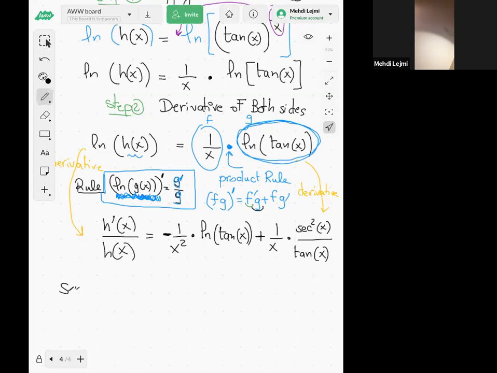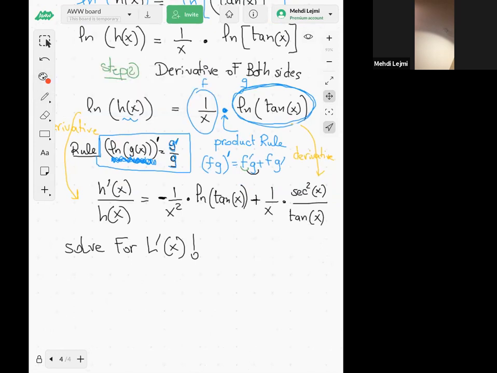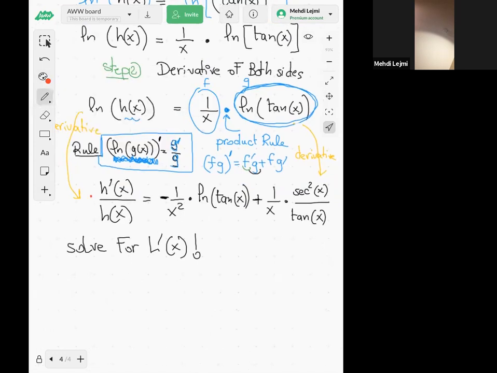So we have to solve for h prime of x. We have to multiply both sides by h of x, right? Here the whole thing by h of x. When you multiply by h of x, the h of x in the bottom and the h of x on top cancel out.